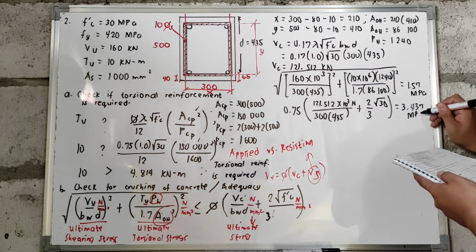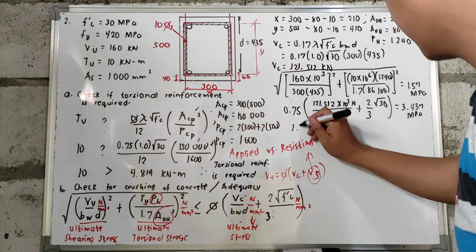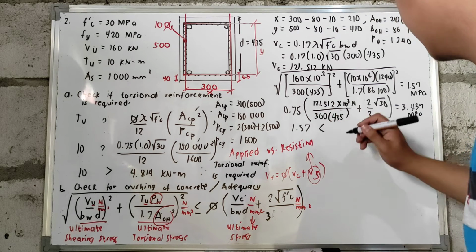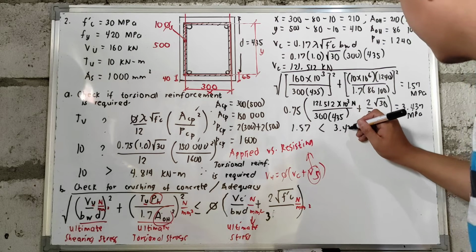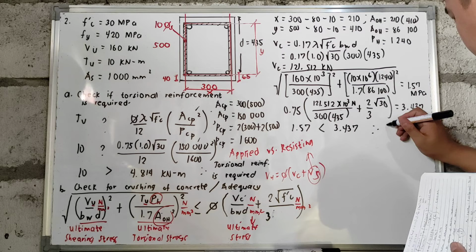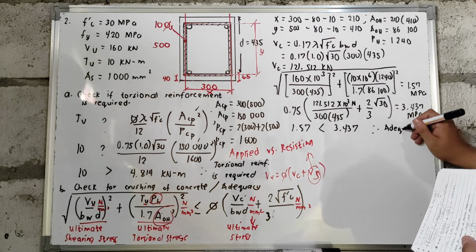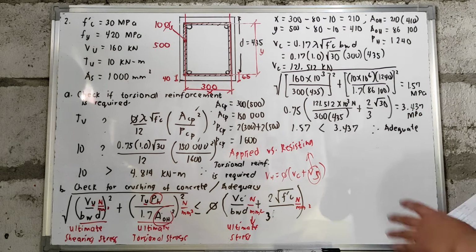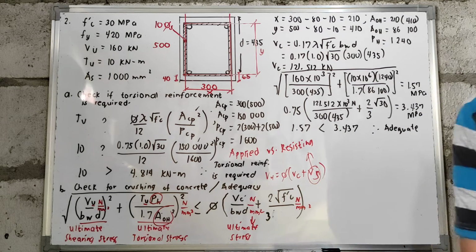Since 1.57 is less than to the value ng 3.437, therefore, section is adequate. So since adequate naman section natin, no need to increase the beam height.